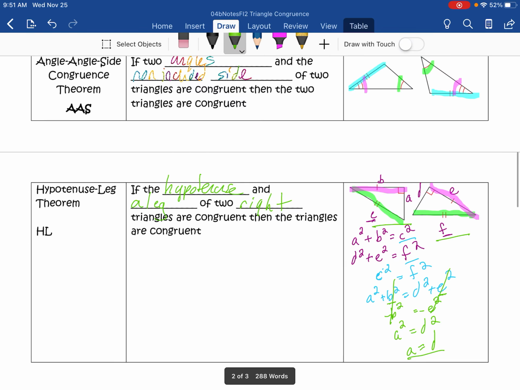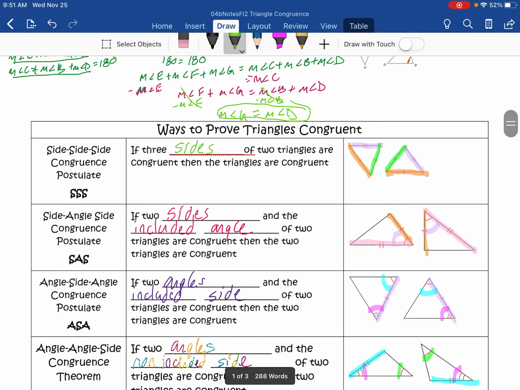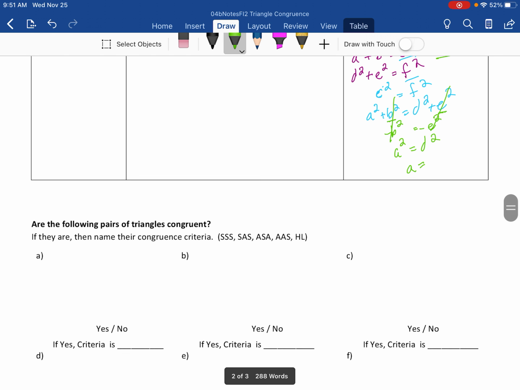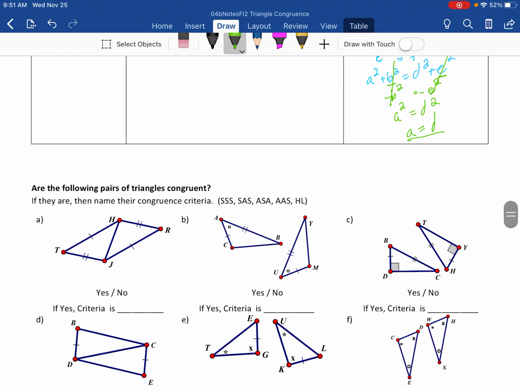So now we're going to go through and use these. These are all the things that you can use to prove congruence, and we'll talk about the ones that can't. Just some side notes that I didn't put in the notes. There's no angle, angle, angle, because the angles can be the same but the sides can be different.